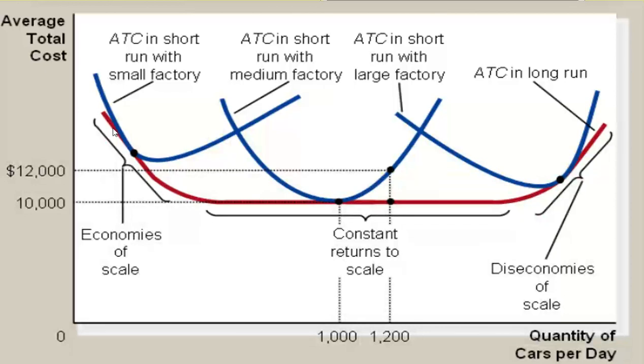That means there is a decline in the long-run average cost curve, and also there is an increase in output. So this portion mainly tells us about economies of scale.